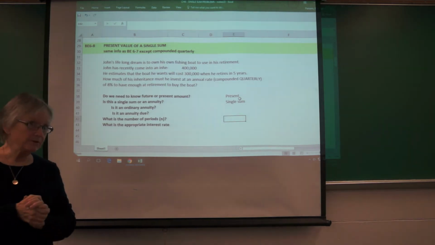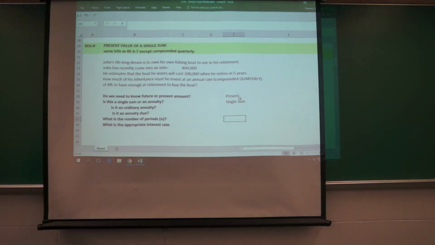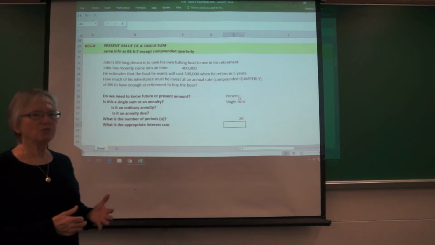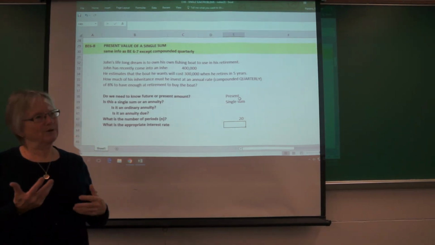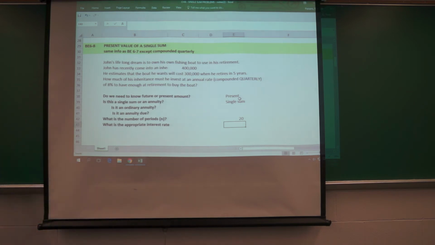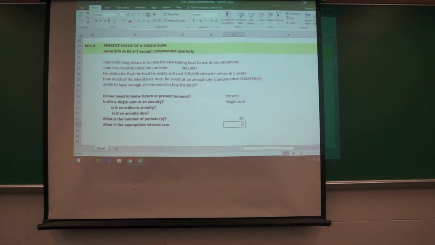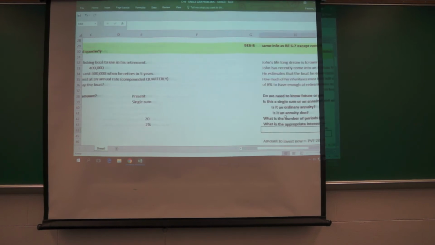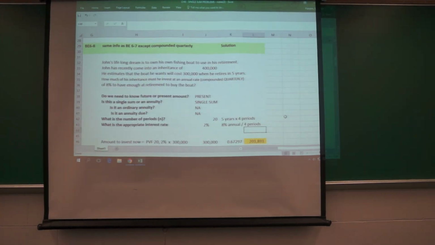So you get 5 years times 4 interest periods, so your N is going to be 20 periods. The interest rate, 8%, is the annual rate. So if we have 4 interest periods each year, we've got to divide that by 4. So when we go to the tables, we're going to go to 2%. Okay, so now let's see what happens when we do that.